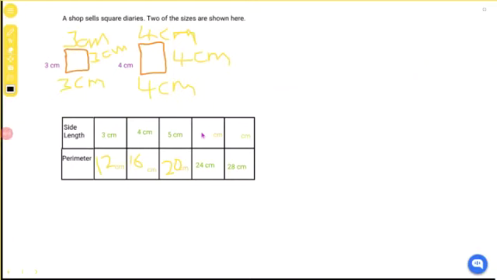So 2 times 6 is, that's right, 12. 3 times 6 is, good, 18. And 4 times 6 is what? 24. Well done. So this is 6, because 4 6s are 24.